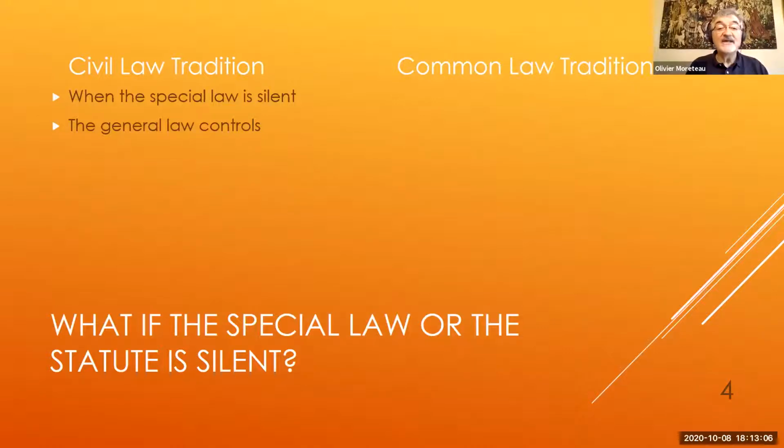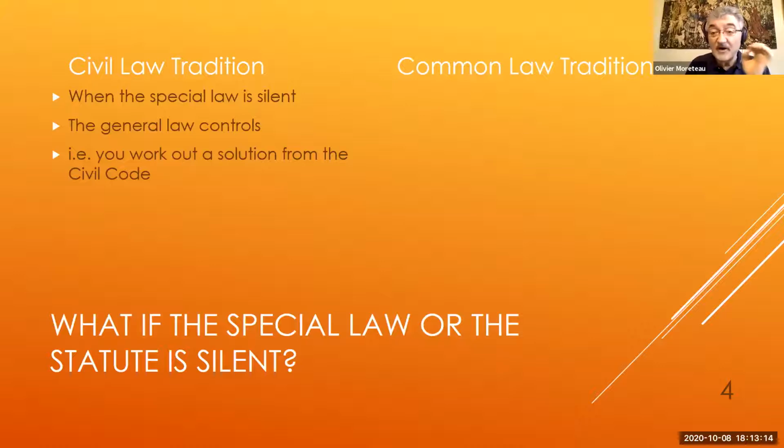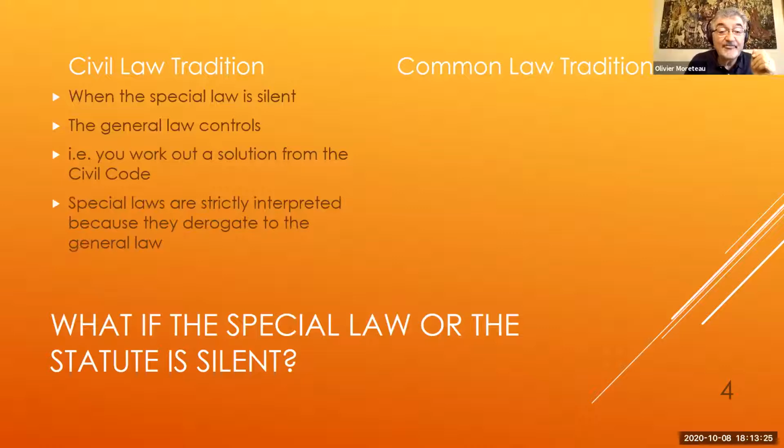The general law controls. And that means that you're going to try to work out a solution from the civil code, which supposedly contains the general law. And in those very rare cases where you don't find anything there, you have a rule to fill the gaps.